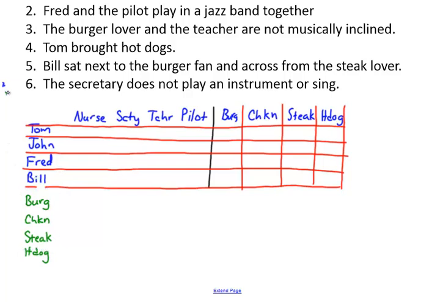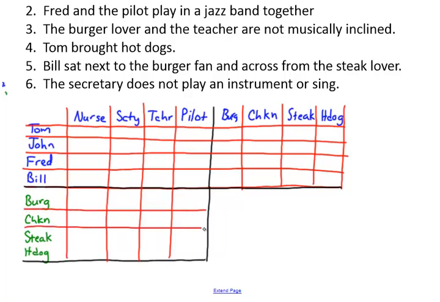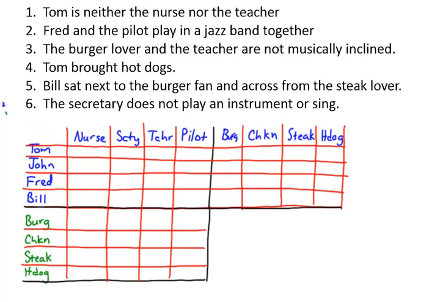Okay, the reason we did that is because we need to also compare the occupations with the type of food that was brought. Okay, there's my matrix.